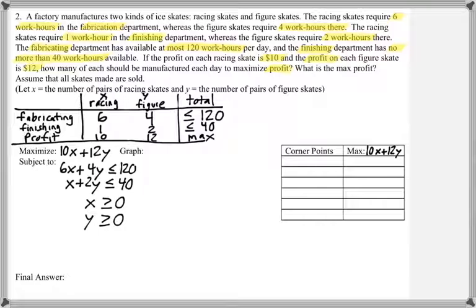So I want to graph my constraints, but I need to isolate for y. So let's do that work right now. I want to subtract 6x from both sides.